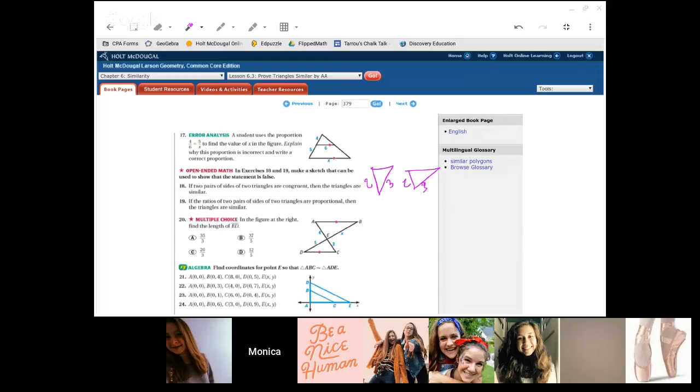Campbell, for 19 through 21 on the worksheet, you're going to have to look at the pictures and see how can you tell that they're similar. So for 19, what do you see? Yeah, that's what you'll use for 19 because that's marked. Now on 20 and 21, there's no angles that are marked.